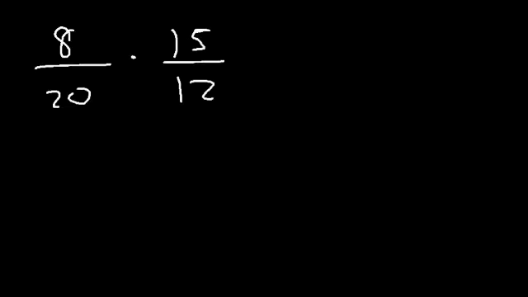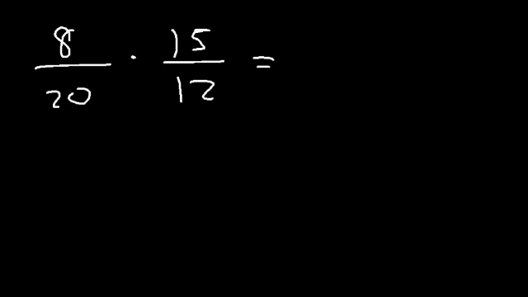Now let's say if we have a fraction with large numbers. Now we can multiply across. However, we're going to get bigger numbers, and then we'll have to reduce the fraction. So if you're dealing with large numbers, simplify first before you multiply.